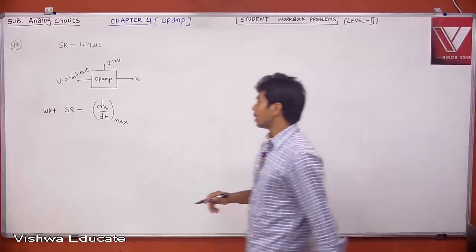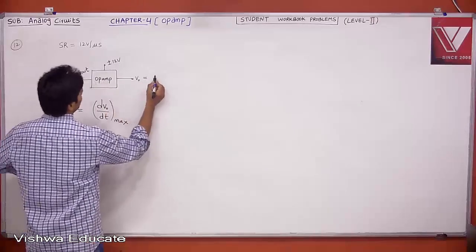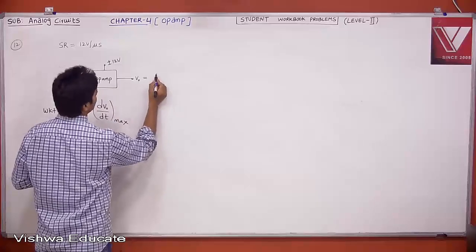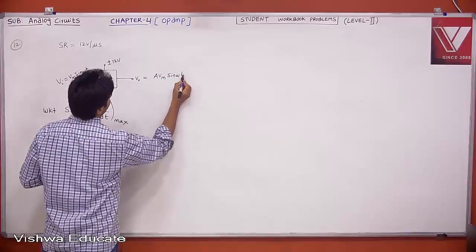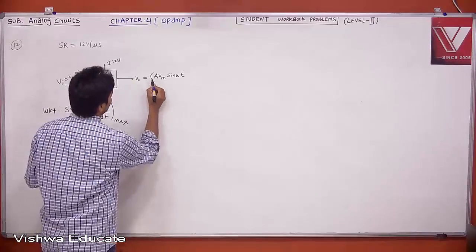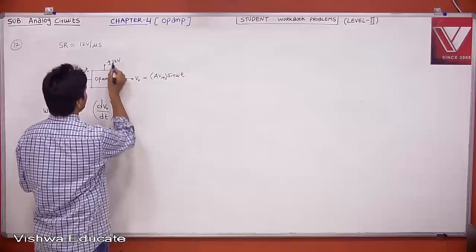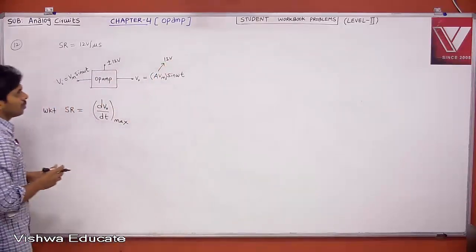Therefore now tell me, what is your V0? Your V0 is equal to having some gain, A into Vm sin omega t. But the maximum you can get is nothing but 12 volts only. That is 12 volt or minus 12 volt, whichever it may be.